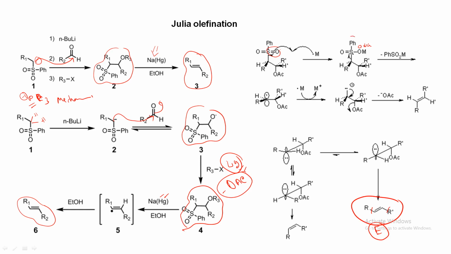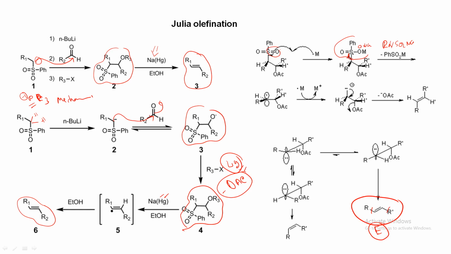Now this is a good leaving group, and the sulfur would prefer not to be in this S dot form, so that's why it is removed as PhSO2 minus. In this form, this particular group is removed. Now what is left? One radical is generated due to cleavage of this carbon sulfur bond, right?